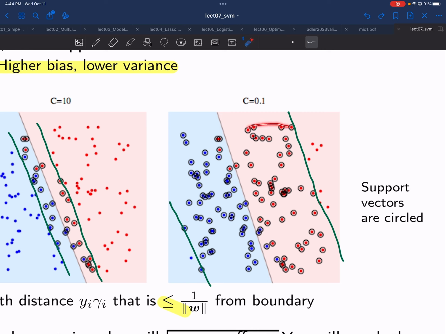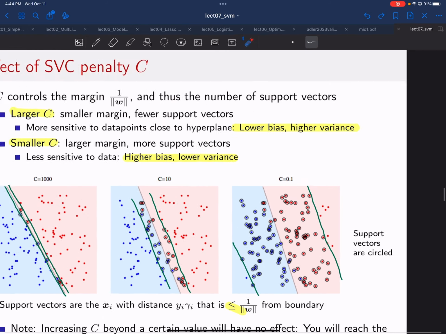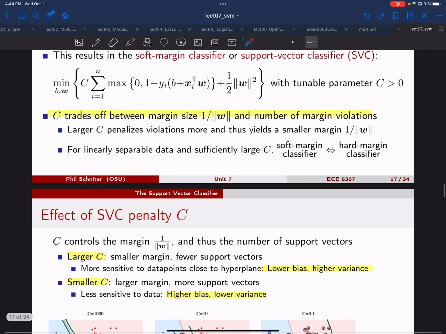And all these other ones we would say are inside the street. A few of them are inside and on the wrong side of the street. So all of these points that are circled will be the ones for which this is 0 or greater, and they will contribute to increasing that part of the cost.